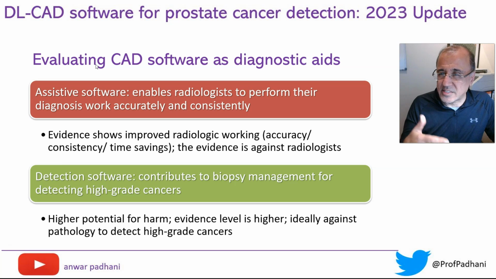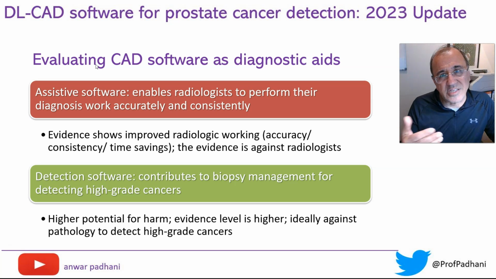AI software as a diagnostic aid, and we need to think about whether an AI is an assistive software or a detection software. So something that assists a radiologist, enables a radiologist to perform their work accurately and consistently. And in this paradigm, the evidence has to show improved radiological working.